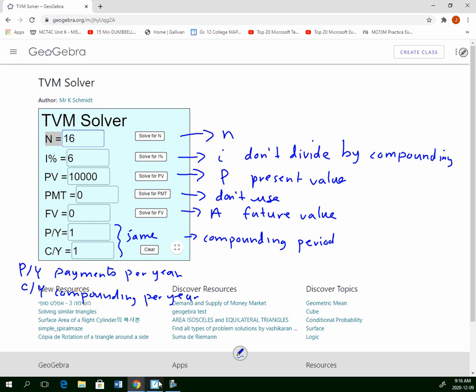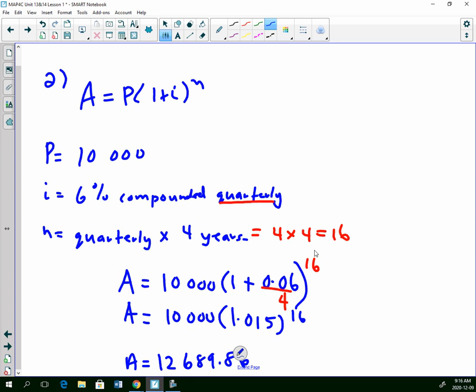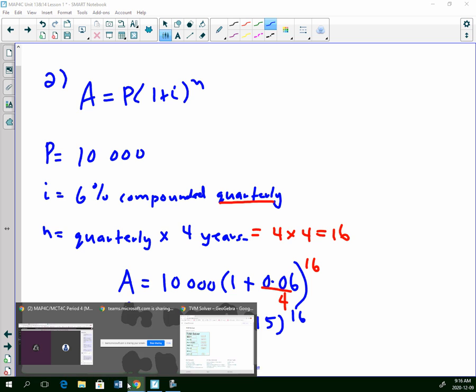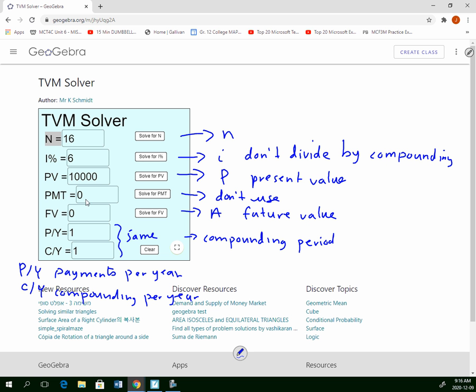Let's make sure I get this right. Okay, so N was 16. It was quarterly for 4 years. Payment we said was 0. Future value is what we want to find. So PY and CY would be 4. Okay, so it's quarterly, so compounding is 4, right?